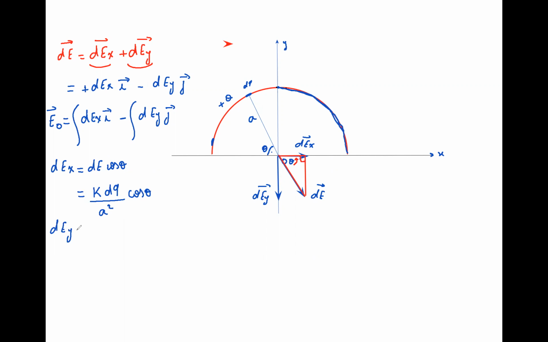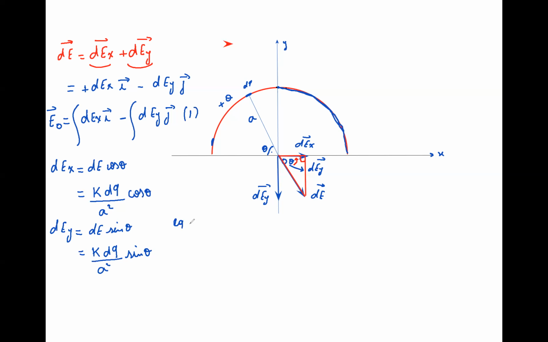dEy, let's see in the triangle. Here we have dEy. It's the opposite side, so sine theta. dEy equal dE sine theta equal K dQ divided by the distance square times sine theta. We substitute dEx and dEy in equation 1.